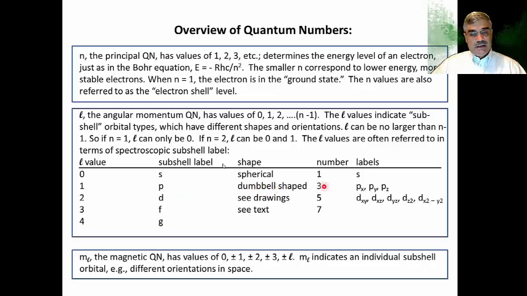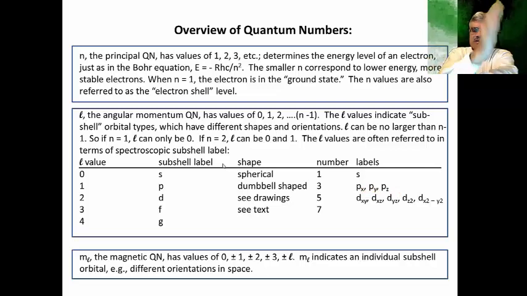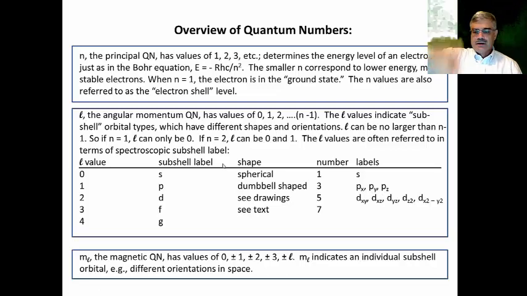There can be 3 p orbitals. We call them px, py, pz. And if you think of Cartesian coordinates, x, y, and z, three axes, we have a dumbbell shape going around all three axes. Again, the next slide it'll be clearer.